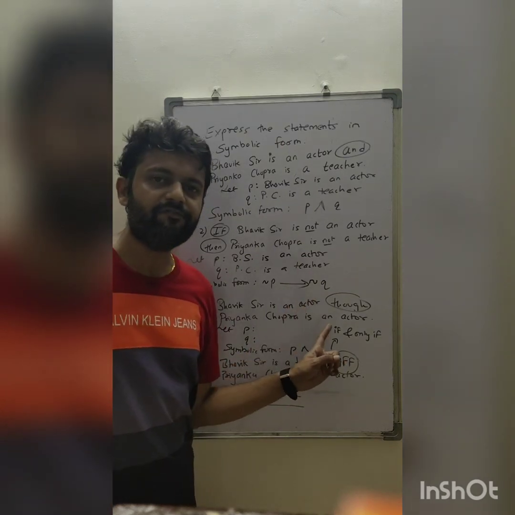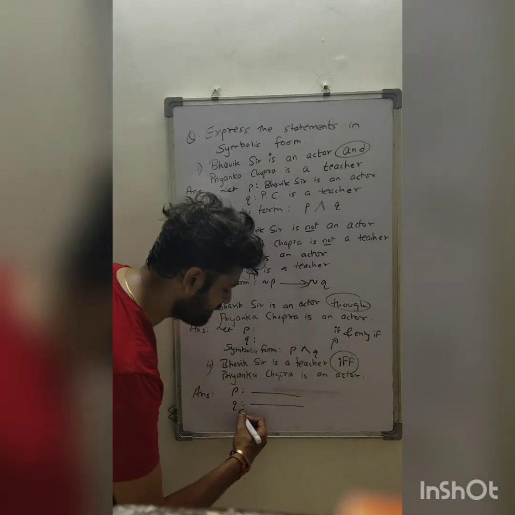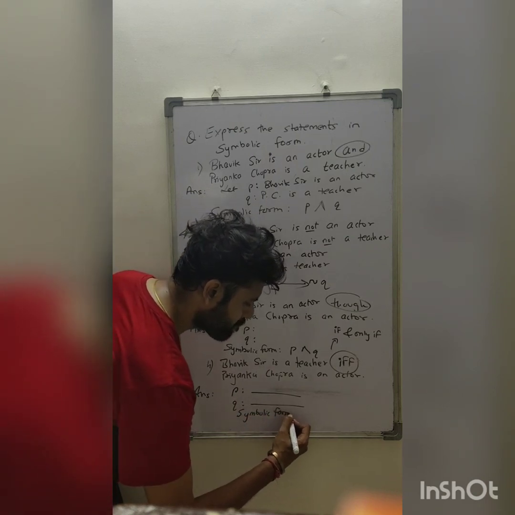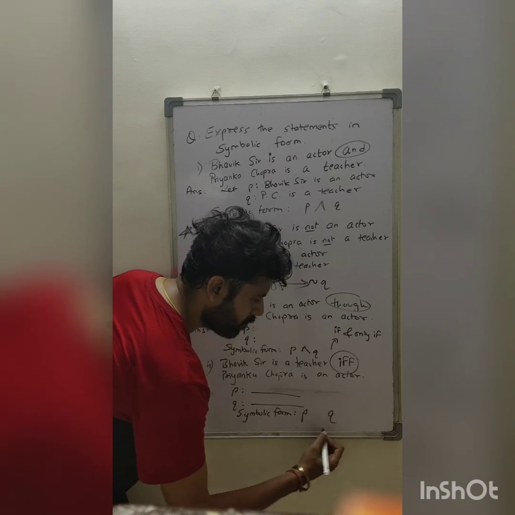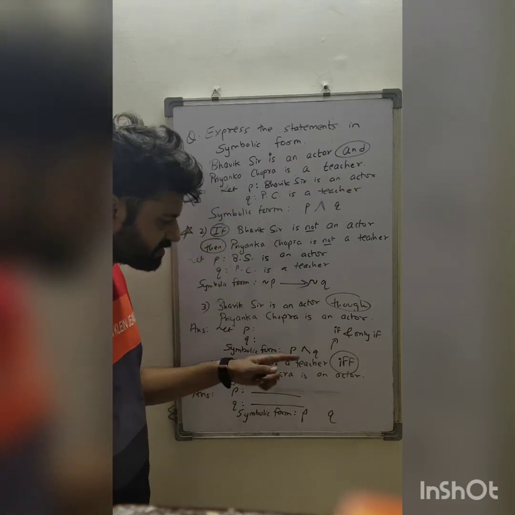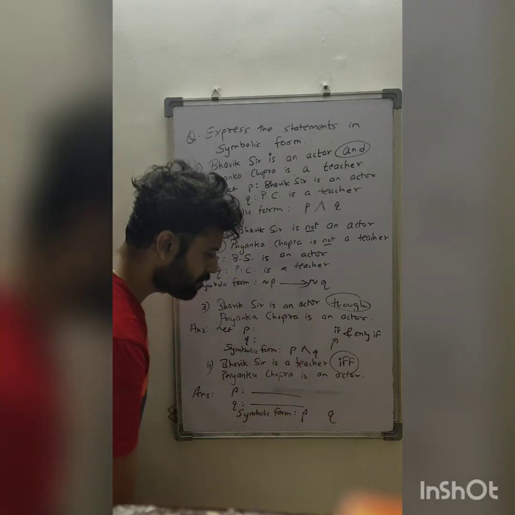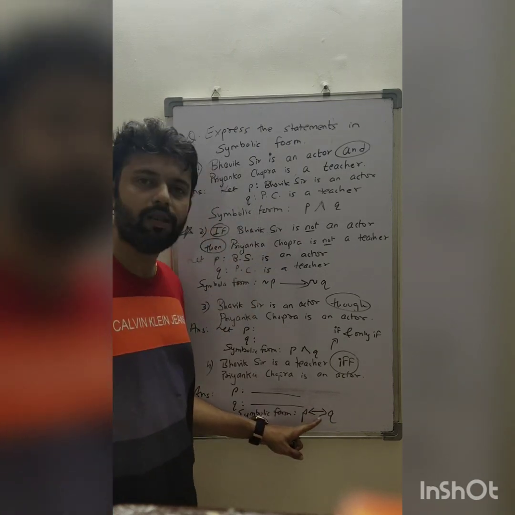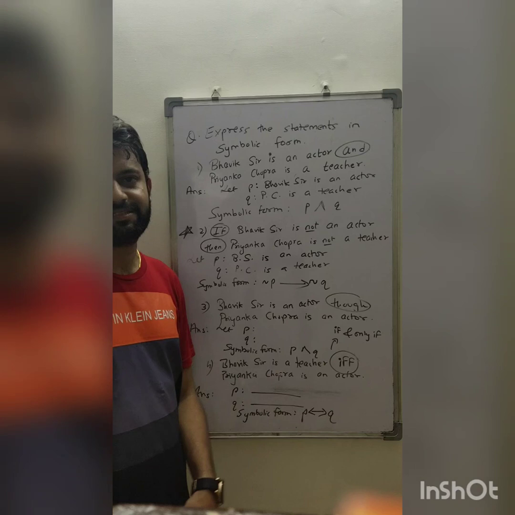And if we recognize if and only if, then we know how to write it in symbolic form. The symbolic form will be P, Q. Of course, there is no not sign, there is no negation. If and only if is shown by this symbol called double implies.